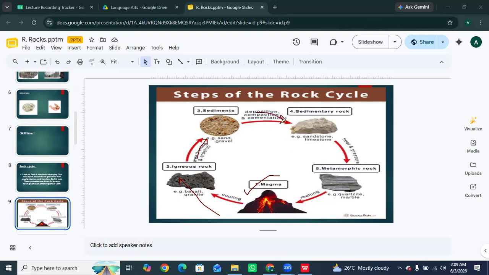Then heat or pressure turns it into metamorphic rock, and then it melts back into magma. So basically, this is a visual map showing how a rock changes form from liquid lava to crumbled sand to hard stone over millions of years.